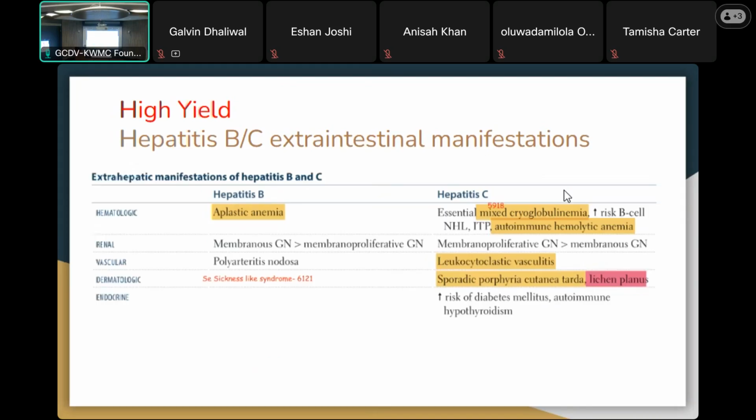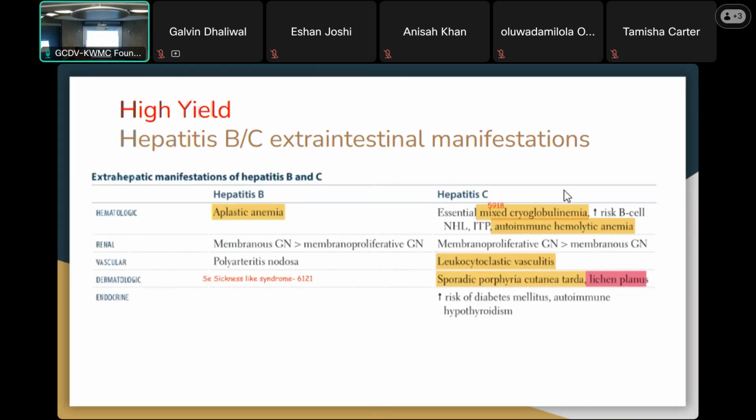This is from my First Aid, but basically for Hep B and Hep C, you should remember the extrahepatic manifestations. My PD likes to ask which glomerulonephritis is with which Hep, and I always forget. But membranous is Hep B, and membranoproliferative, the longer name that comes after, is Hep C. That's how I try to remember it.